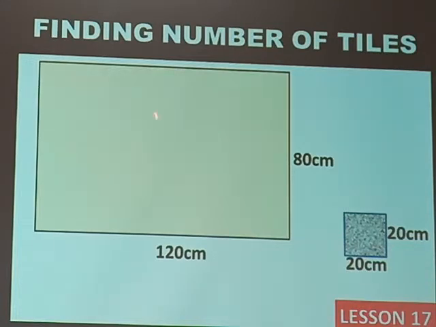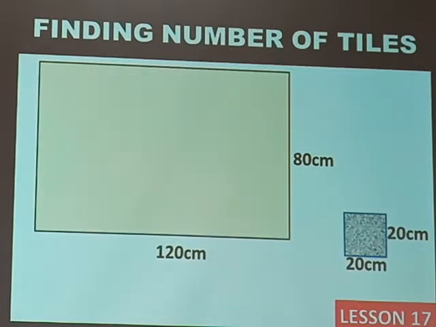I want to tile this room with these tiles here. But this tile measurements are 20 centimeters, meaning it's a square tile. So I want to see how many of them can we use for tiling this room. It's just an assumption. The measurement may not be very perfect, but we're just assuming that.